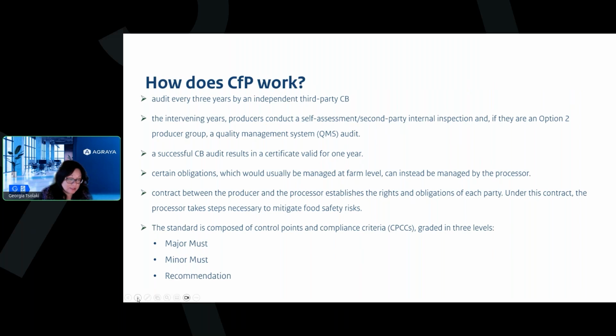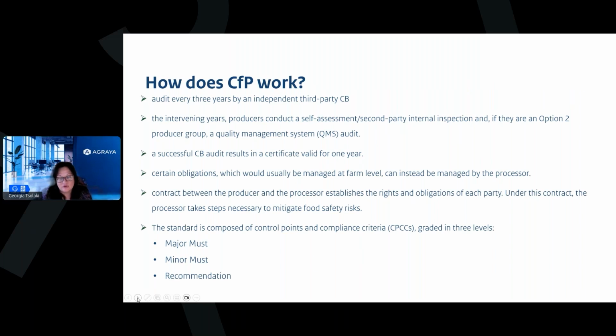The producers still need to comply with the standard requirements, and they must still have in year 2 and year 3 a contract with the processor, the next step in the supply chain after they harvest their grains and pulses, in order to ensure that the risks for food safety are mitigated by the processor.